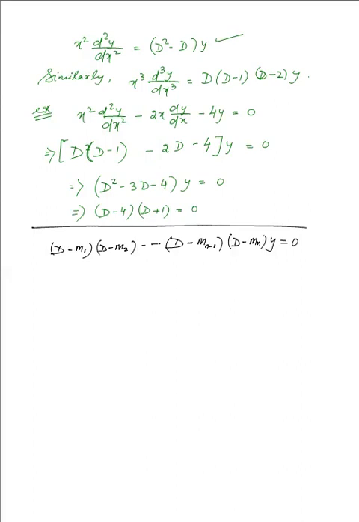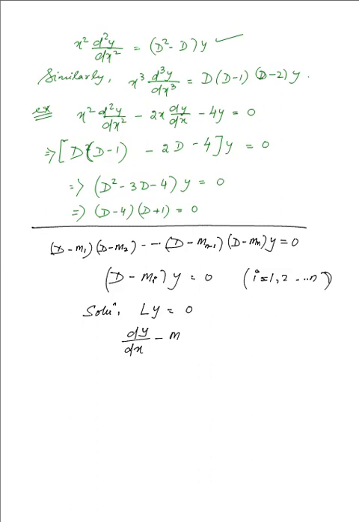where we are generalizing it as d minus mi for i ranging from 1, 2, 3 right up to n terms for the nth order differential considered, and the solution will be of the form for that L of y is equal to 0, which means L is equal to that bracketed term that we have over there, and that will be equal to d upon dx acting on y, of course. We are just rewriting that equation over here.